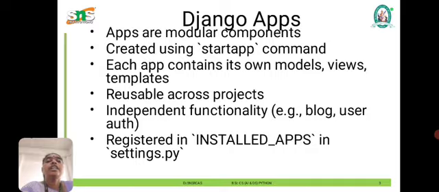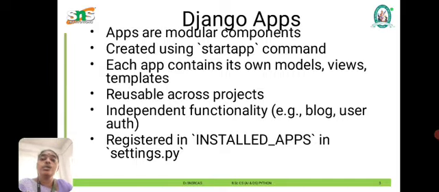Django app. The Django app is one of the components in Django. It is created by the startapp command, which is the starting command for creating the app, and each app contains its own models, views and templates. We already discussed MVC and MVT, the architecture of an app. Each and every app has unique features: model, view and template.